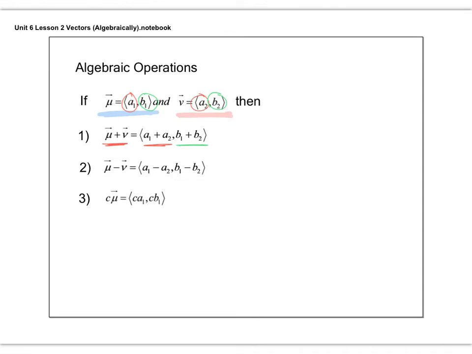Your resultant vector will be your answer from that operation. Same thing when you subtract: you subtract the horizontal components and the vertical components and you'll get your resultant vector. And then to do a scalar multiplication, you basically just distribute your scalar to each of the components. I think it will make more sense if we just do a couple, so let's go to the next slide.